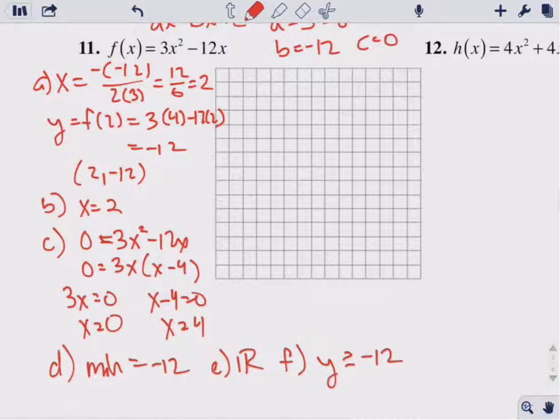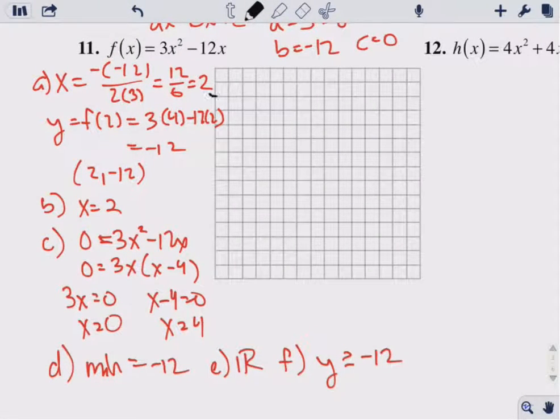Alright, so let's graph this. We're going to plot the vertex at (2, negative 12). Let's graph that one a little bit better. So 2, negative 12, then counting 2, 3, 4, 5, 6, 7, 8, 9, 10, 11, 12.